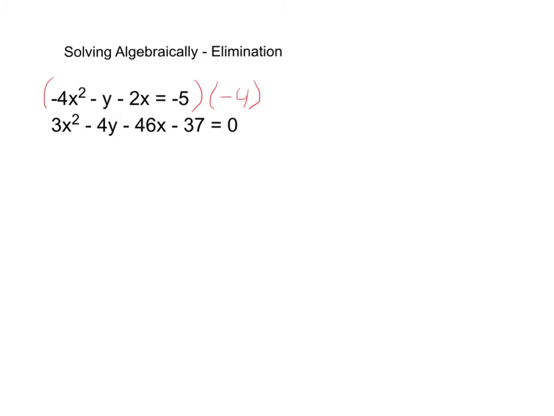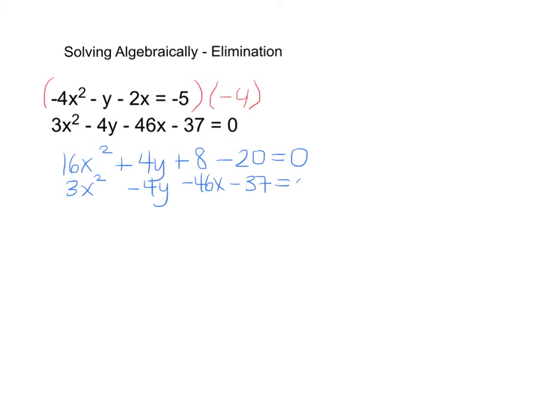So this will become 16x squared plus 4y plus 8x minus 20 equals 0. I'm going to move the 20 over to the other side so it looks the same as the other one. And then the other one is going to stay like it was: 3x squared minus 4y minus 46x minus 37 equals 0.